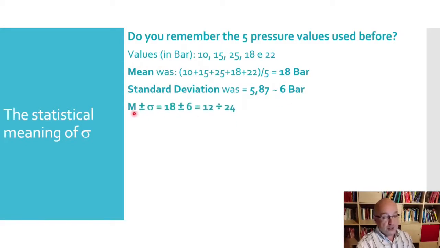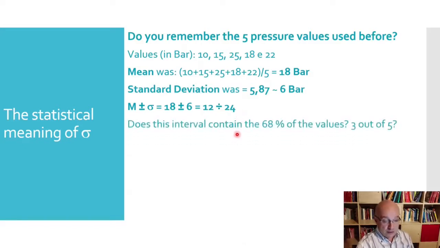So the first range, the mean plus minus 1 standard deviation, is 18 plus minus 6. 18 minus 6 is 12. 18 plus 6 is 24. So the range from 12 to 24 should contain the 68% of these 5 values.